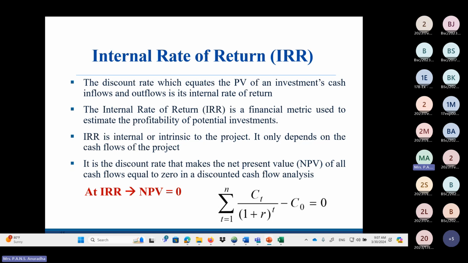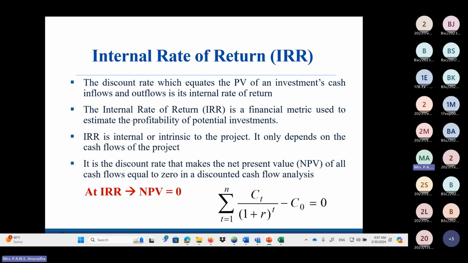It is the return internally generated through this investment without being affected by external factors. This is implicit, intrinsic to the project or the investment. So internal rate of return means the internally generated rate of return from the project.